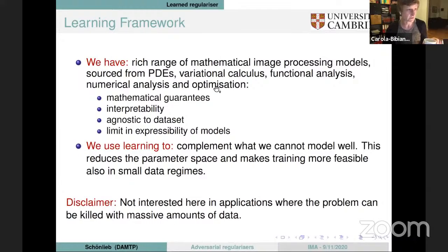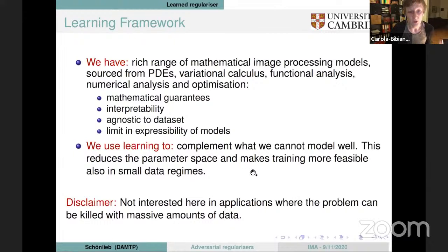I know something about the associated regularization effects that I can analyze, for instance, by analyzing nonlinear PDEs. So I know qualitatively about some of these things. I can use functional analysis, numerical analysis, optimization, and statistics to understand solutions. And I want to use learning only to complement what I cannot model well.